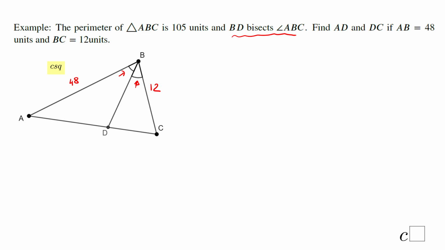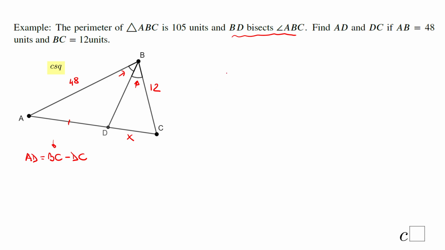Okay, so if we call this X, then we don't know how much this AD is, but AD will be nothing else than AC minus DC. So if we can find AC, which I think we can, right? Then we can write an expression for AD.